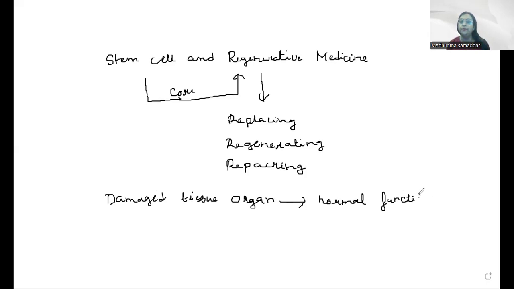Okay. So, regenerative medicine is a branch of medical science.